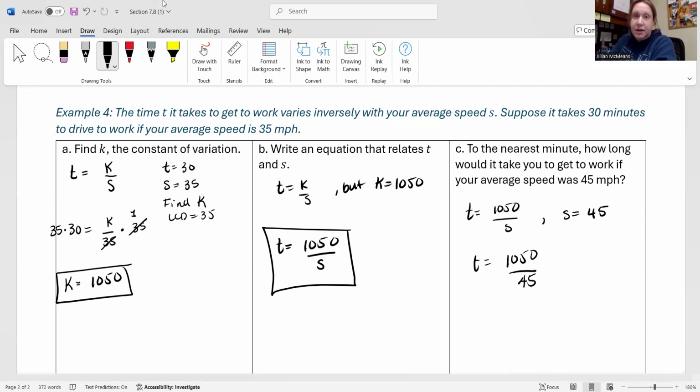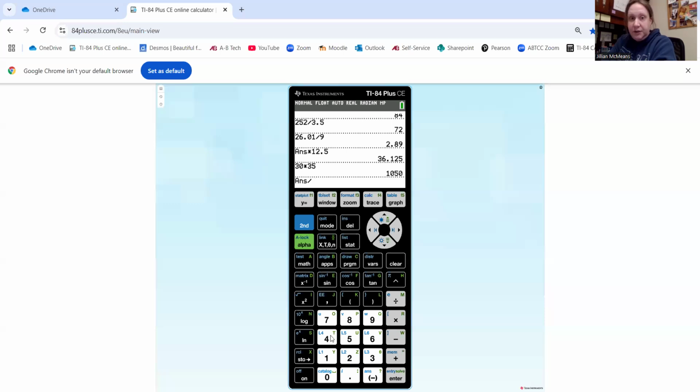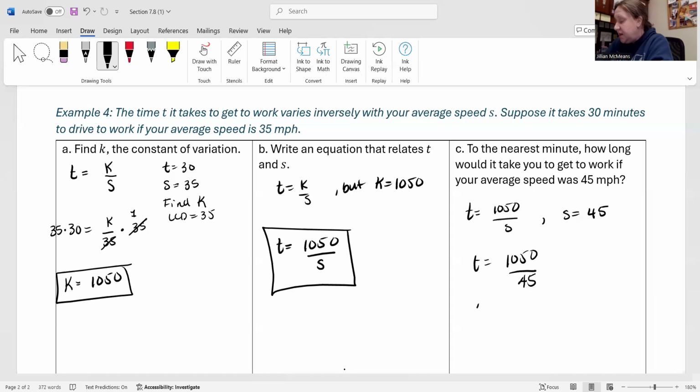Let's go back to the calculator. So we're going to take our 1,050, we're going to divide it by 45, and we get 23.33333. So t equals 23.3 repeating minutes to get to work, but answer the question in the right format.